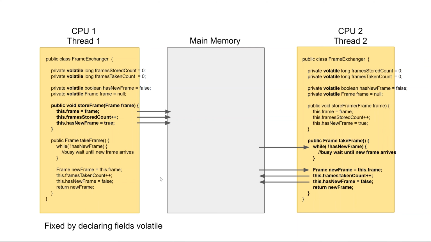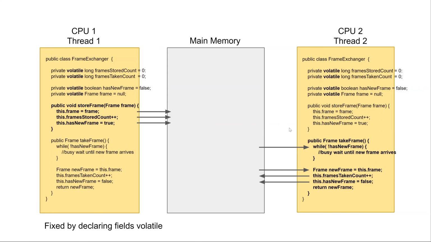To fix the visibility problem, we can declare the fields volatile. As you can see, I have done that in the code here, inserted the Java volatile keyword here. And when a field is volatile, that means that every write to the field will be flushed directly to main memory. The values set will be written directly to main memory.